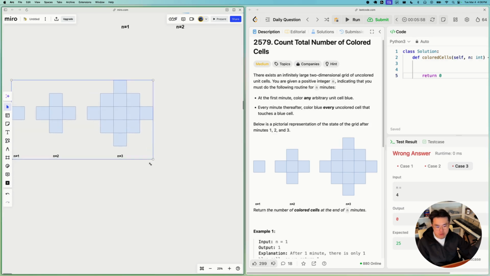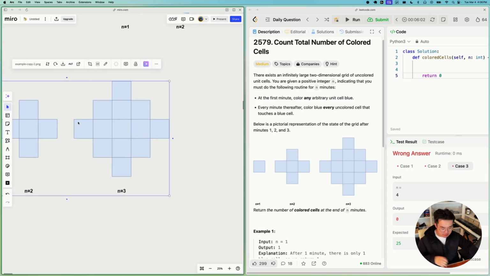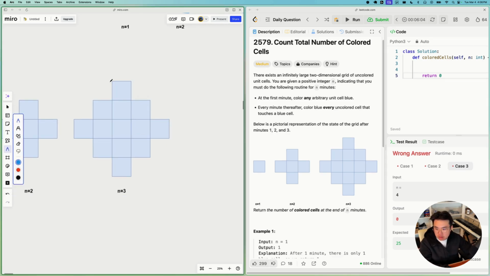Why would n equals 4 be 25? If each of these had some adjacent, we could fill it in, right? We can do this. Oh, we can't do this one. Interesting.